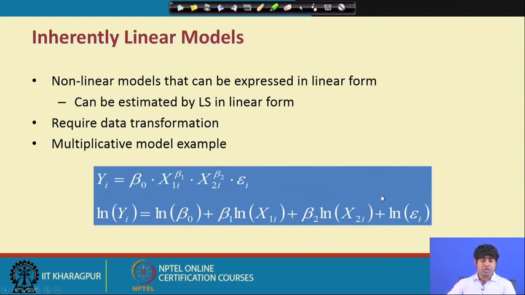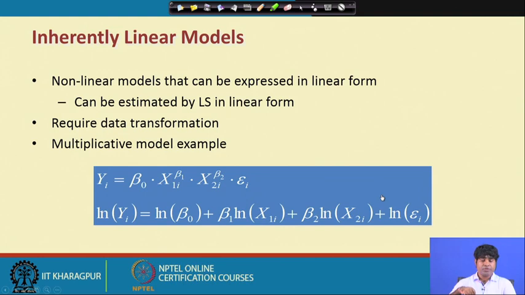Then at the same time you can have another form of the model like here, which is an exponential type model, or sometimes in business or management we call it the CD type, the Cobb-Douglas production function. Here the form of the connection is completely nonlinear. So what we can do is transform the entire model into linear format.